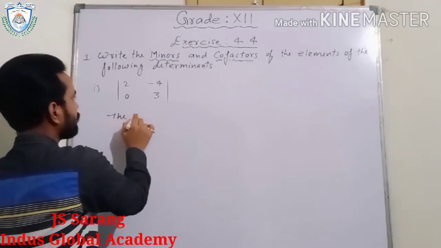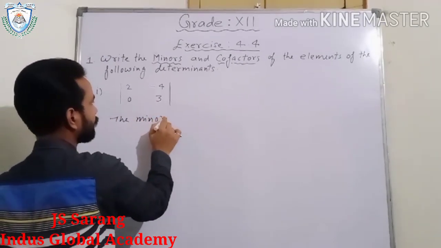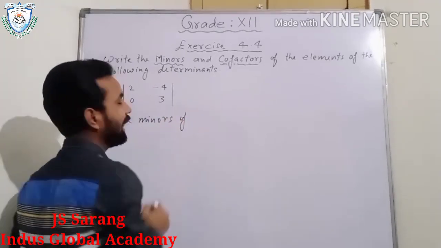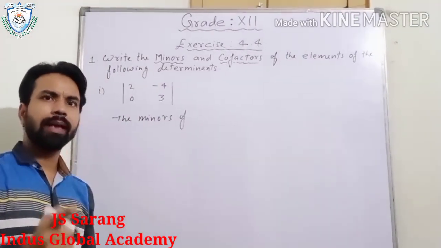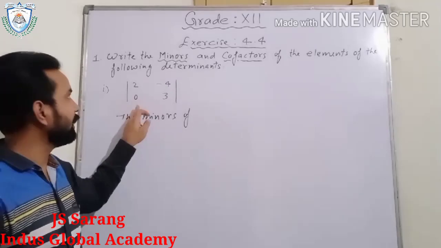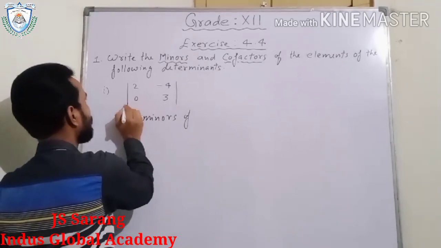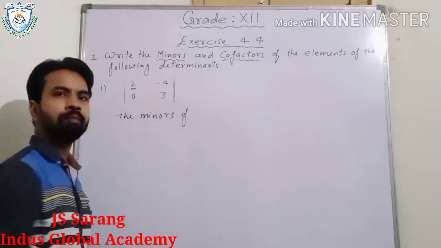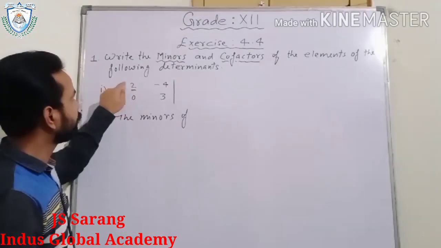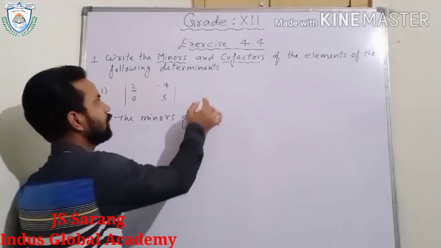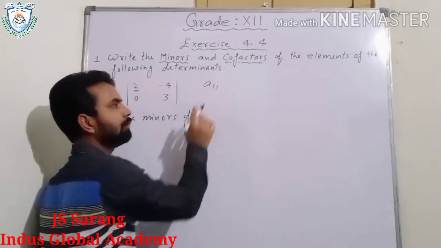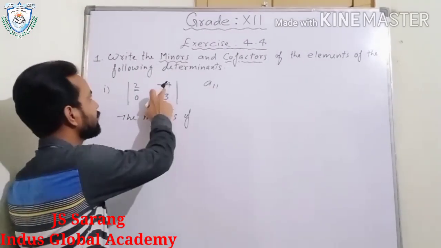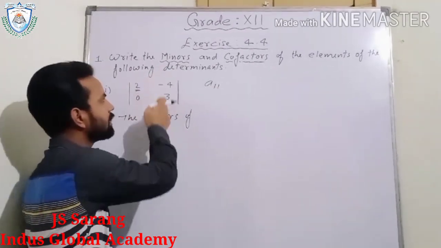the minors of elements. Beta, you all know that the elements of this determinant can be defined as: this is the first element, the element of first row and first column. So it is denoted as A11, and this is the element of first row and second column.